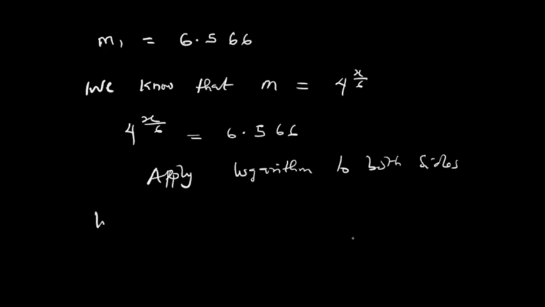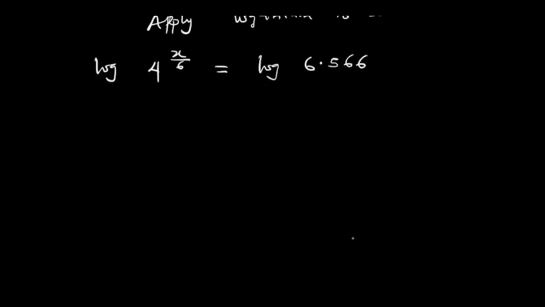So we can have log of 4 to the power of x over 6 is equal to log 6.566. From laws of logarithm, you know that log m to the power of n is the same thing as n log m, which is exactly what is here, right?